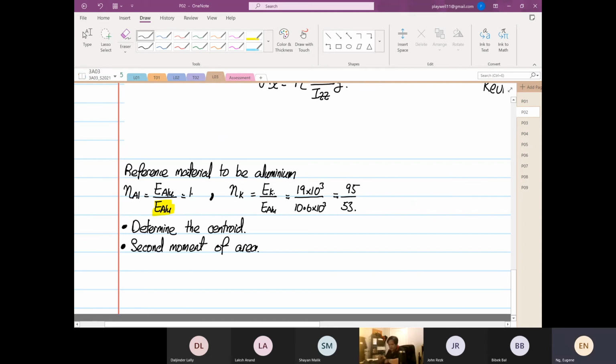Okay, and then we know that the second moment of area is equal to I. So we can find Izz is equal to n w, or width, multiplied by d cubed over 12, plus n w, the area, multiplied by Y bar minus small y bar squared.